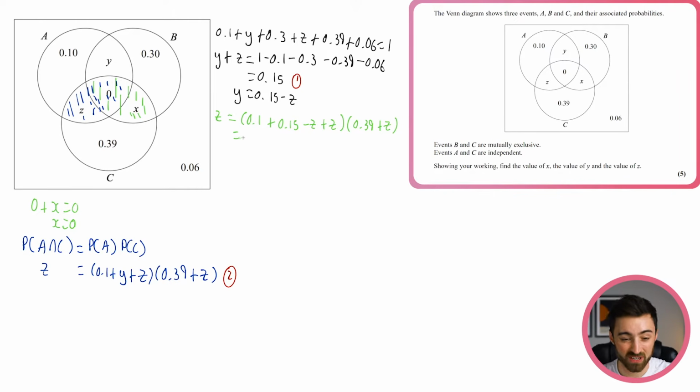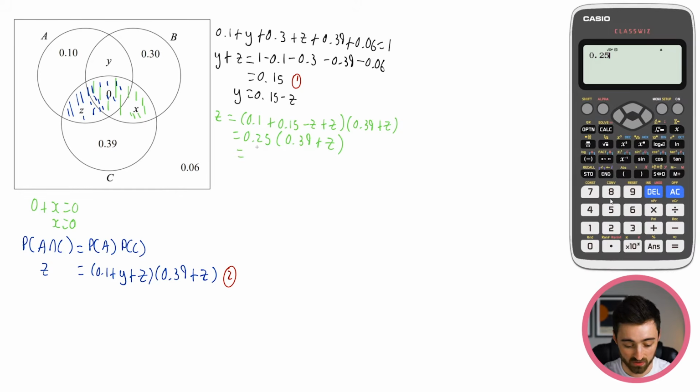So this actually simplifies pretty nicely. z minus z is 0. 0.1 plus 0.15 is 0.25. So I get 0.25 times this. And I think this is okay now. Let's multiply this out. So I'm going to get 0.25 times 0.39. Let's work that out. Some grim number, 0.0975.